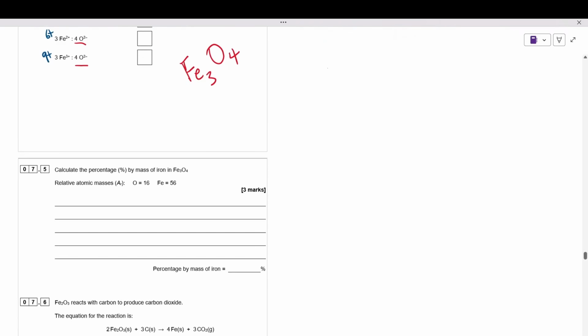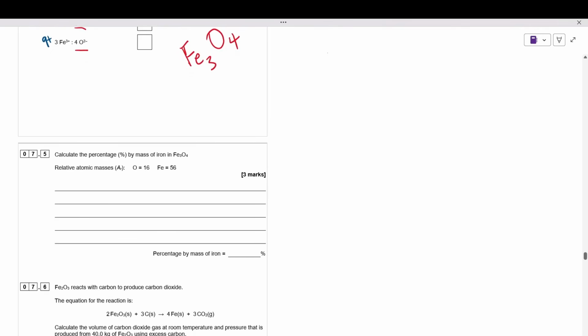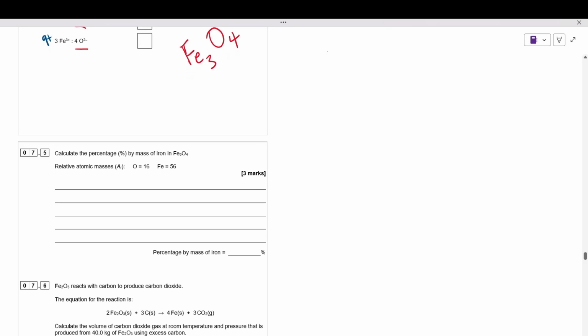Now question 7.5, this is a pretty simple one. It's the percentage by mass of iron in our iron oxide. So for this one, we're going to need the MR, which is the relative formula mass. Okay, so essentially we're doing this. We're doing our iron.